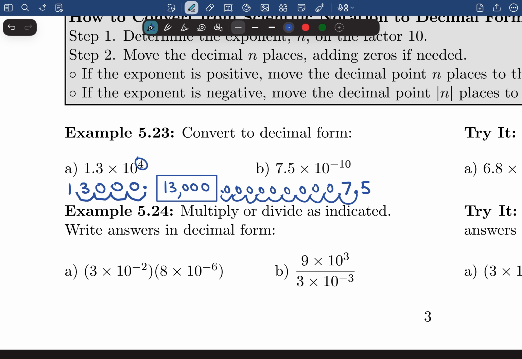So 7.5 times 10 to the negative 10 power, well, that's 0.0000000075. It's a very small number. Okay, that is decimal form for that value.